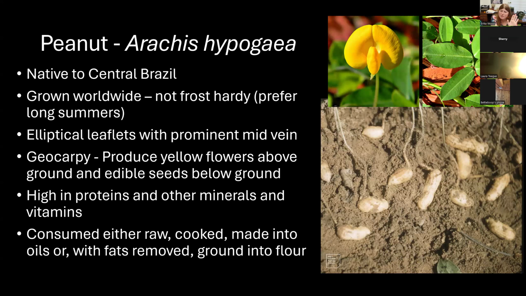Then it may not be quite as healthy, but really delicious roasted. The reason we may want it is it's very high in proteins and other minerals and vitamins. And again, a good vegetarian source of protein, especially if not a lot of meat is being consumed. So it's really good for that regard.